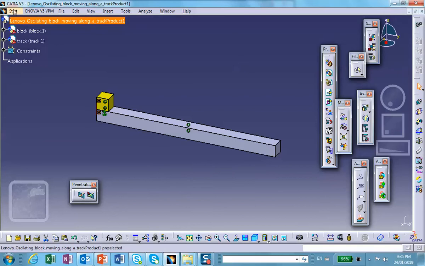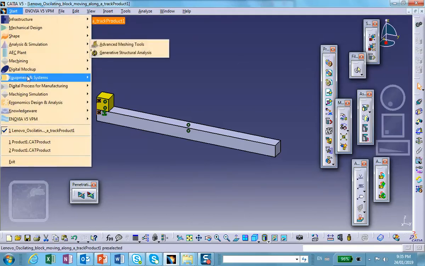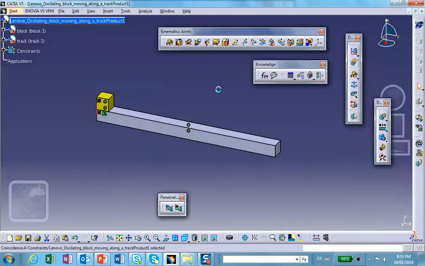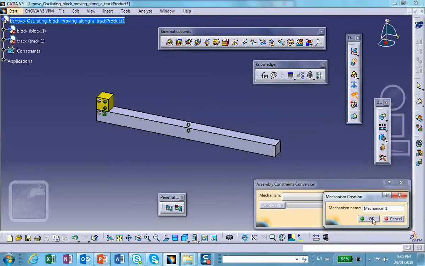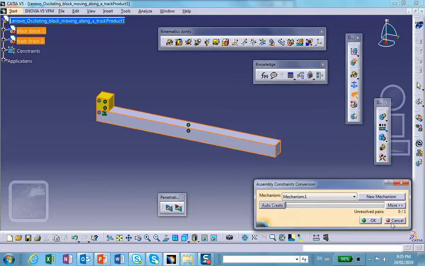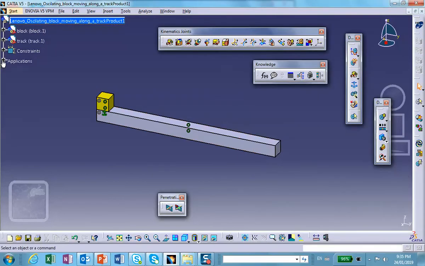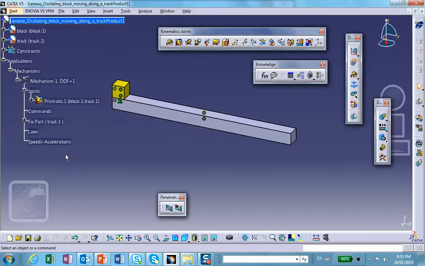Okay, now we're going to go to the digital mockup, DMU Kinematics, and get the magic wand. There's the magic wand. Create your mechanism. Needless to say, there's going to be a single prismatic joint with 1 degree of freedom sitting here. We then want to write the rule.